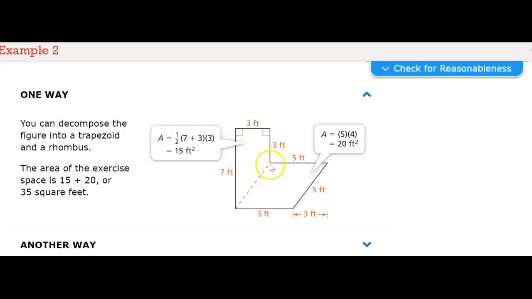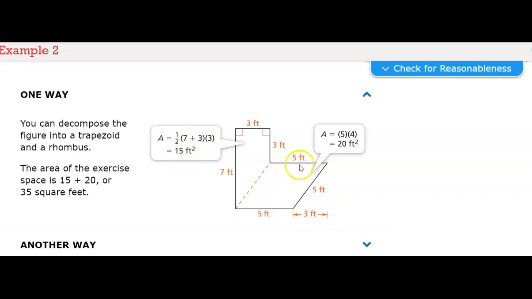As you see here, they have drawn this dotted line to separate this into a rhombus and a trapezoid. The formula for a trapezoid is here, which is area equals 1/2 times base 1 plus base 2 times the height. They solved that and got 15 feet squared.